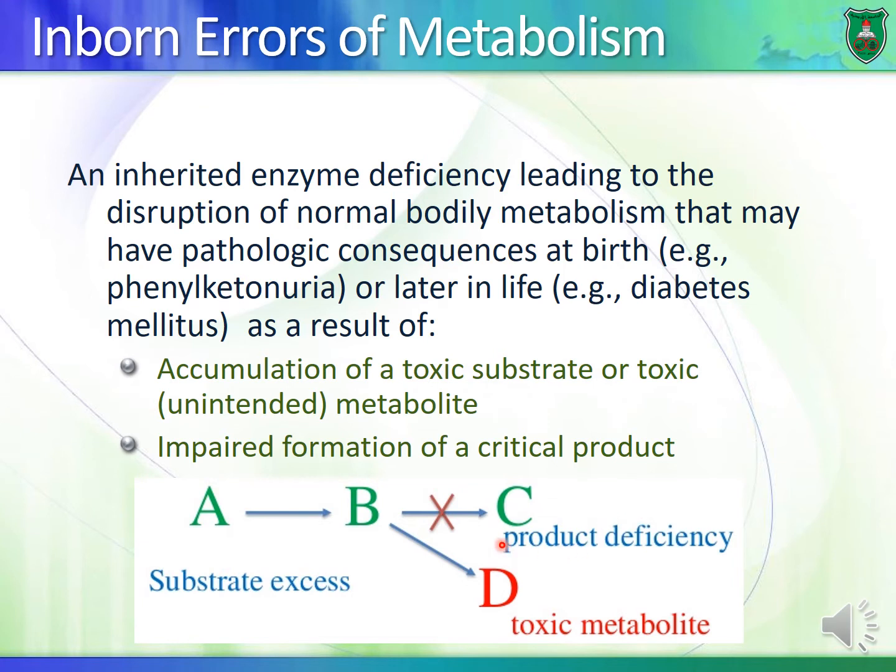You will have a reduction in the product, and there might be a pathway by which one of the intermediates in this pathway can be converted to a toxic metabolite. So all of these can result in cell toxicity, cell death, and resulting deficiency depending on the affected organ.